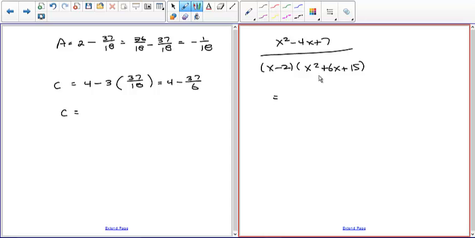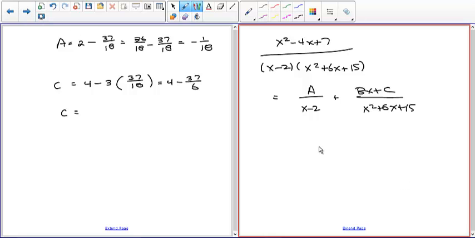The difference in this case is we have a more complex term, and again this cannot be factored. You end up with two complex roots. So you're still going to break it up into two parts, which is going to be A over x minus 2 plus Bx plus C divided by x squared plus 6x plus 15.